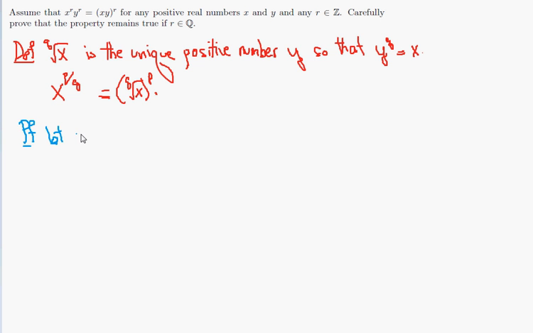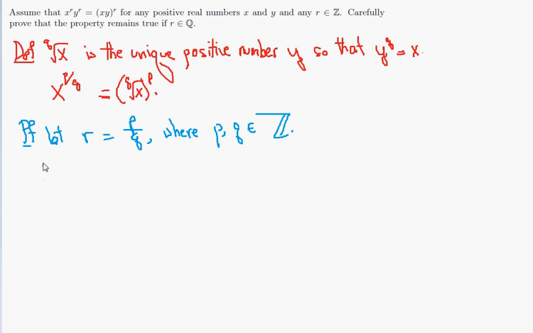Let r be equal to p over q, where p and q are both integers. Okay, now let's take a look at the right-hand side and then the left-hand side of the statement.